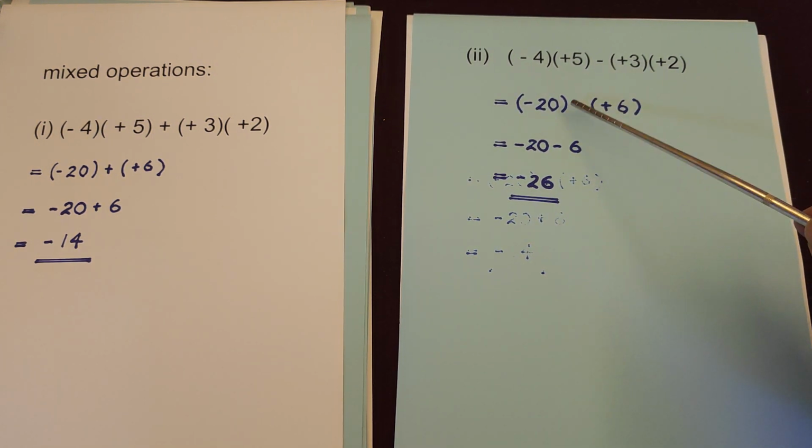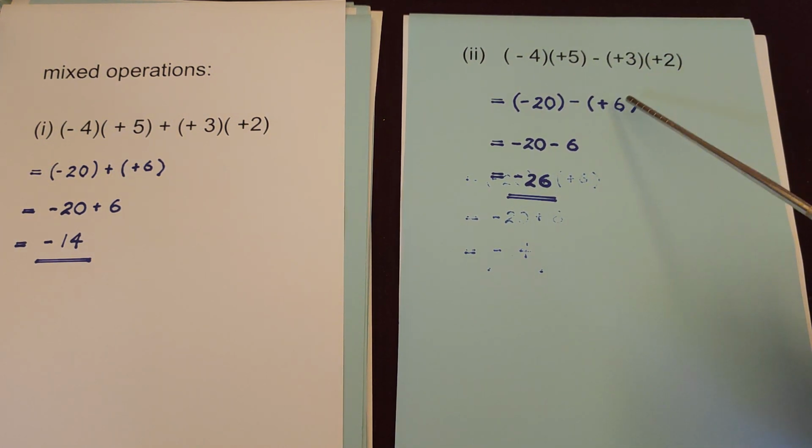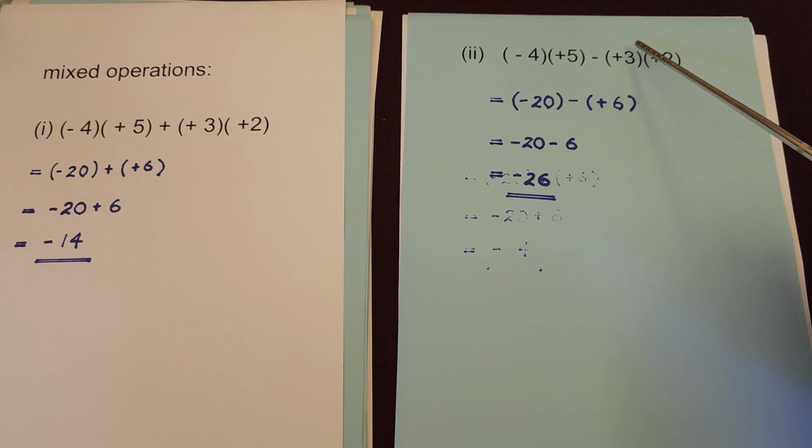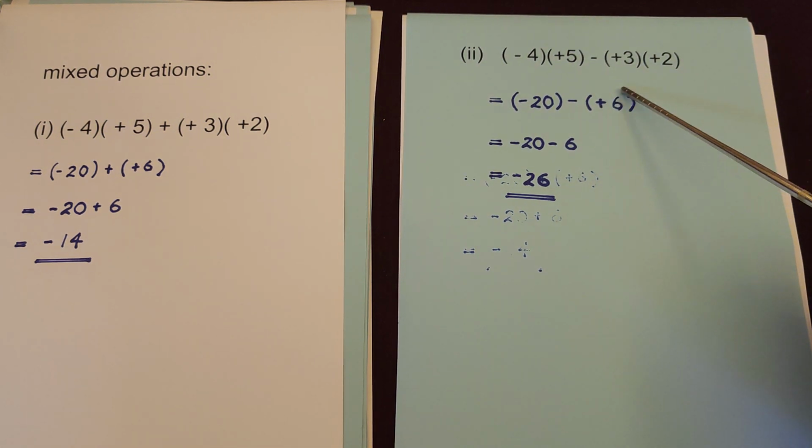And the plus remains, and here the two signs are the same, so we have a positive result, or we can say that the first is positive, so the answer is the same as that of the second. So it is positive 6.